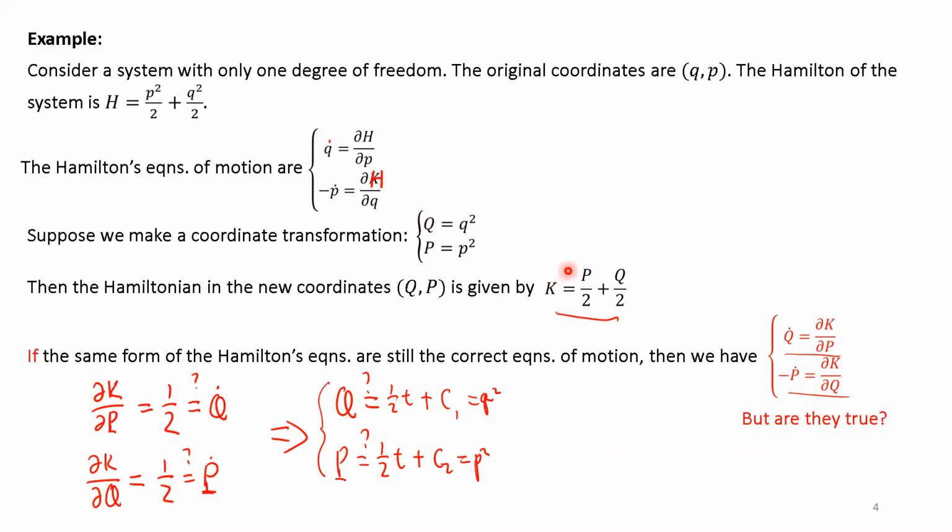But if I assume that Hamilton's equations are still the same, which are these two, I just get a result that is obviously wrong. That means when you do such a transformation, there's never a guarantee that the form of Hamilton's equations is preserved.